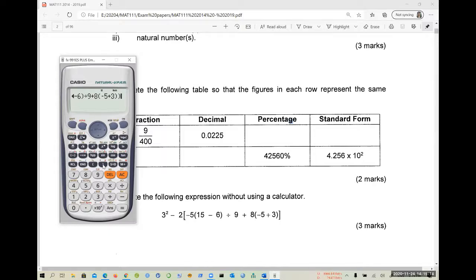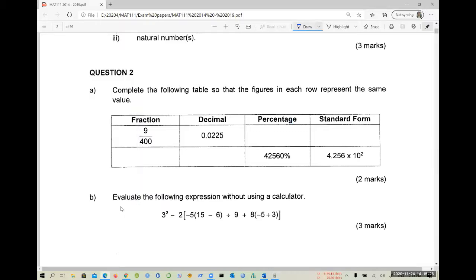So maybe you want to check whether your answer is correct or not. So you can just use your calculator, and your answer is going to be 51, for example, in this case. So let's see whether we get the same answer.